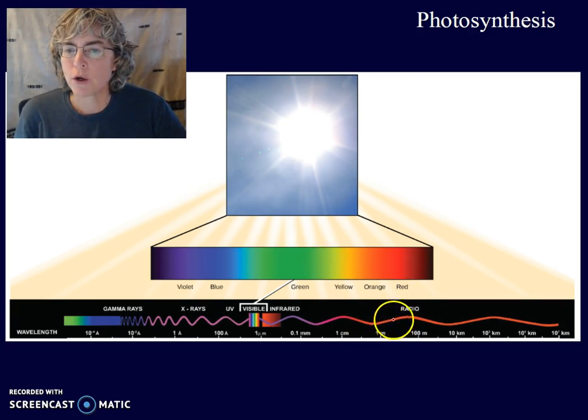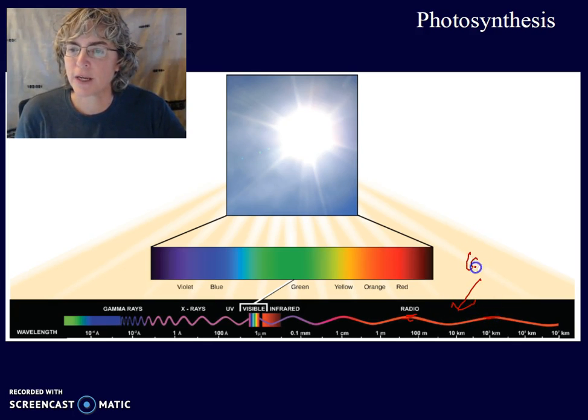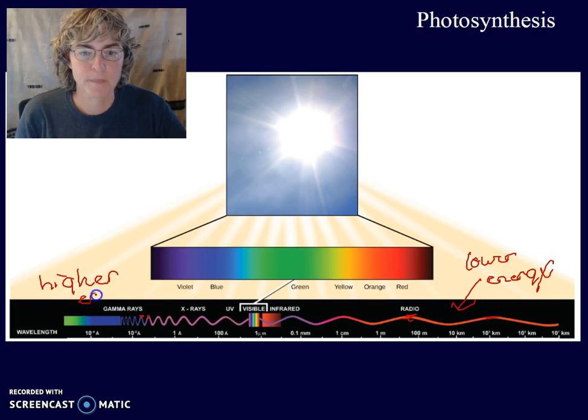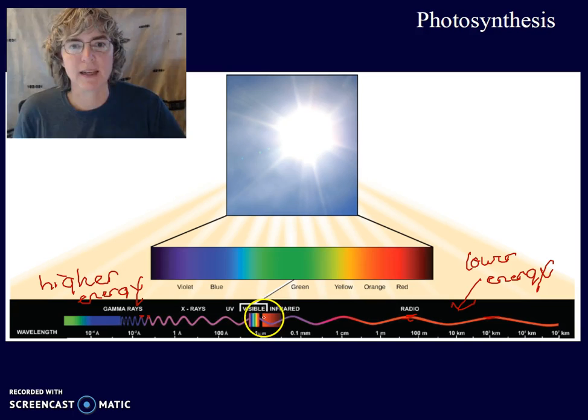So a longer wavelength, so crest to crest, has lower energy. And a smaller wavelength from crest to crest has higher energy. So there's energy in here.